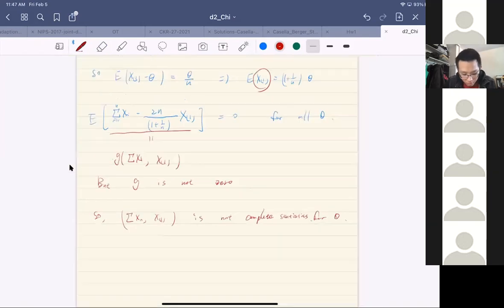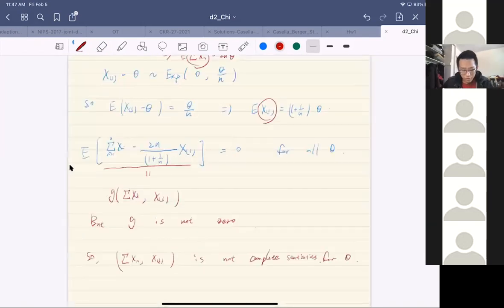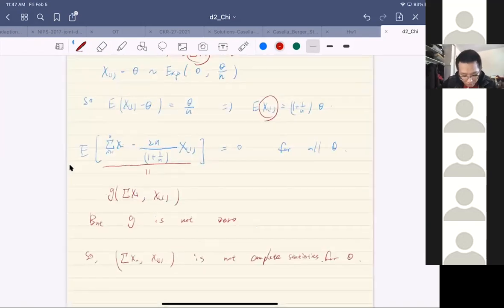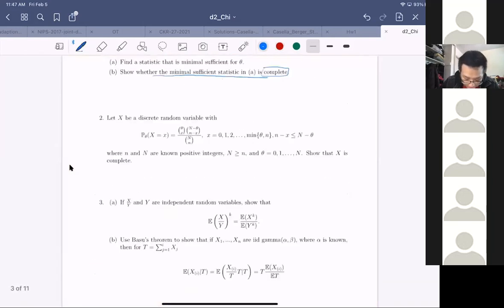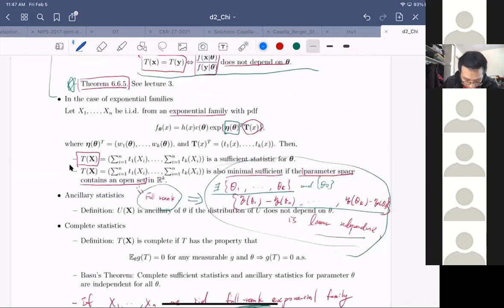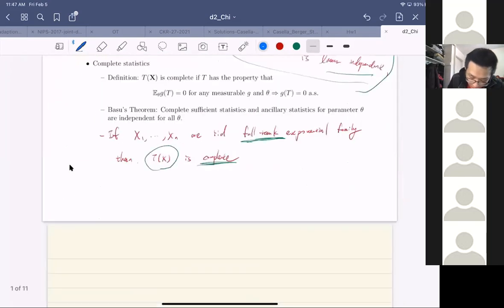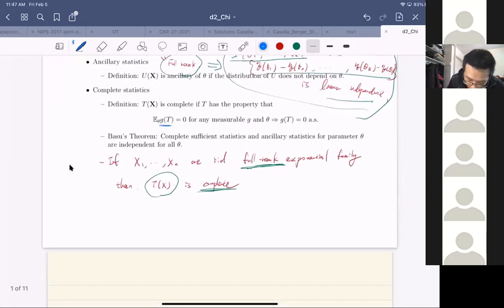So are we trying to find a function of the statistic that's first order ancillary? In other words, the expected value doesn't depend on theta? Yes. Okay. So the definition of completeness is: every function g is... this means it is ancillary.